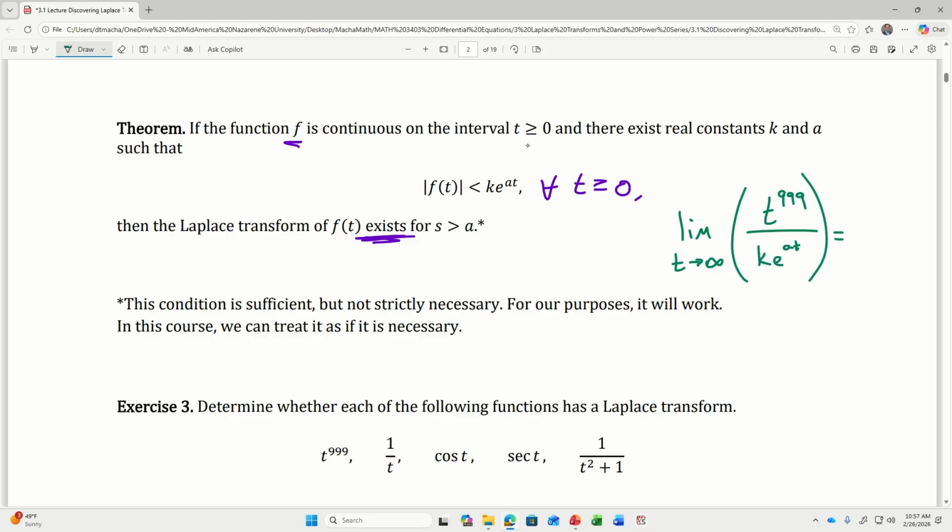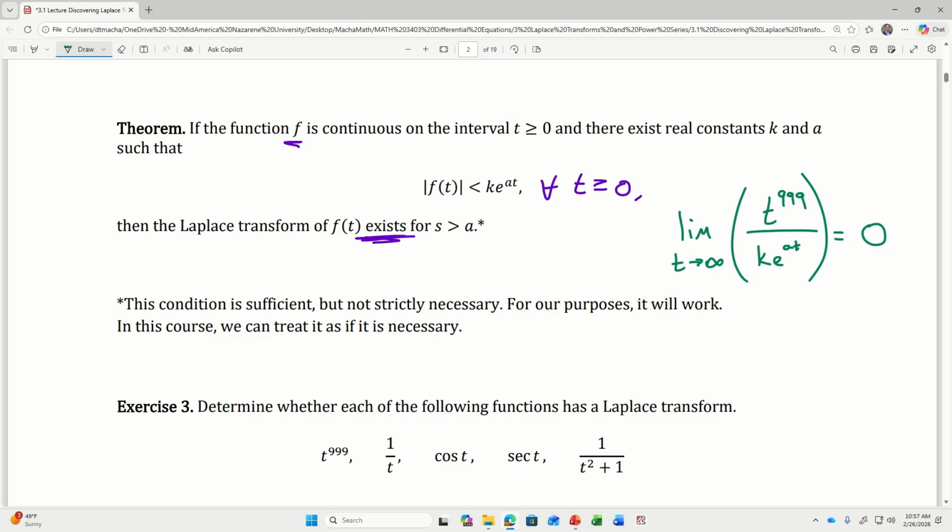And after you apply L'Hopital's rule 999 times, you find that this limit is 0 because the exponential function grows faster than the power function. And so that's the sense in which we're talking about how quickly a function grows.